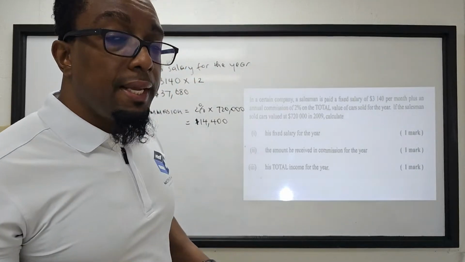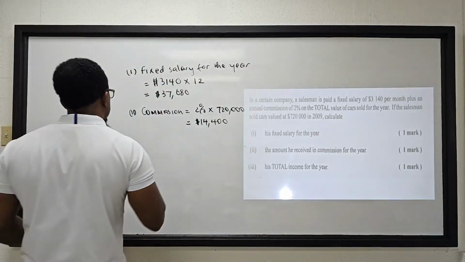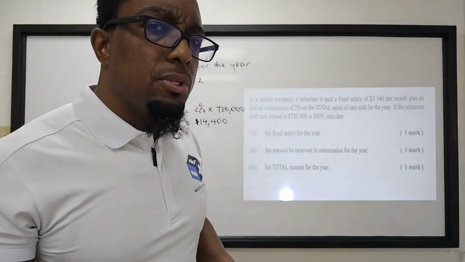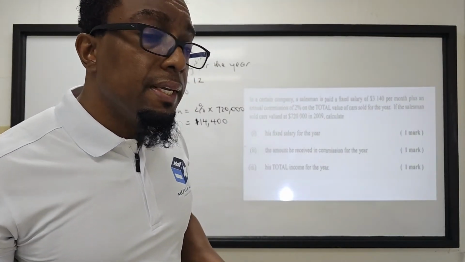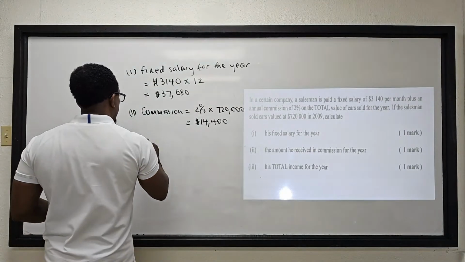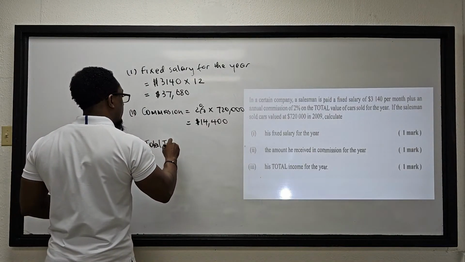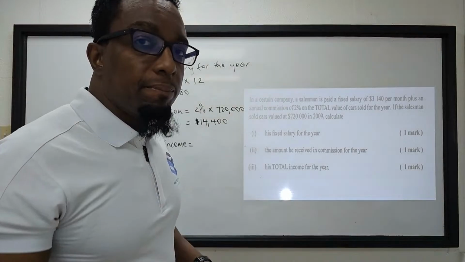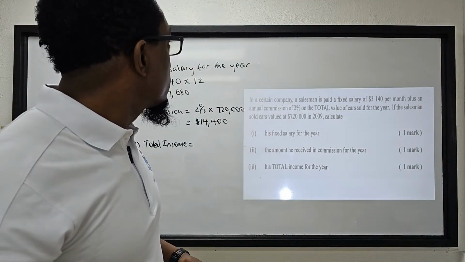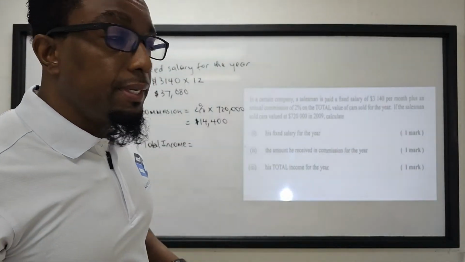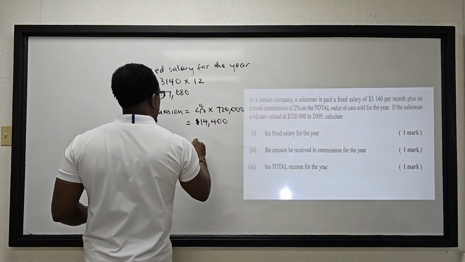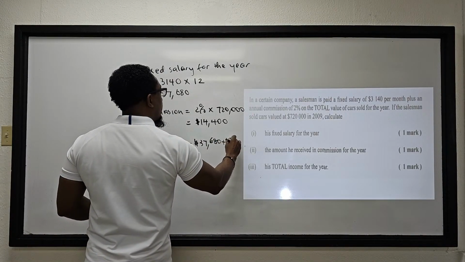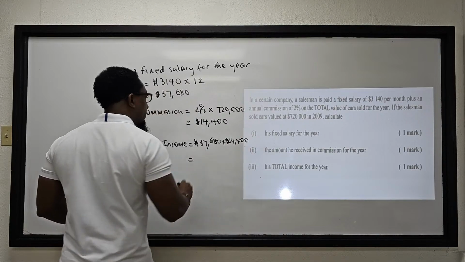And his total income for the year, which is the same as his gross wage for the year, will be his commission added to his fixed salary for the year, which is $37,680 plus $14,400.